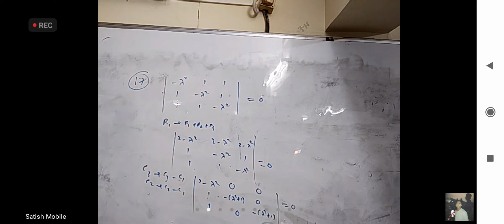Now if I just expand this, the determinant is actually coming 2 minus lambda square into lambda square plus 1 whole square is equal to 0. Lambda square plus 1 cannot be 0, so only this has to be 0. So I will get lambda square equal to 2, lambda equal to plus or minus root 2.